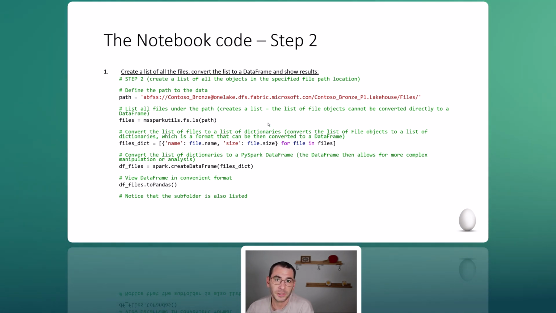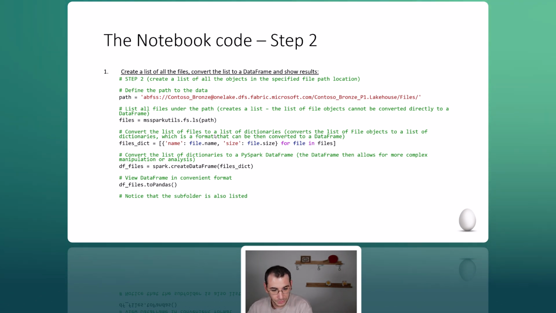What I essentially want to do is summarize or sum up all the sizes by file type. So this is what we need. And in order to later extract the file type, we need the file name path. And this is a for in loop. So it just goes through all the files in files. So files again is defined here with Spark utilities with the path that we defined earlier.